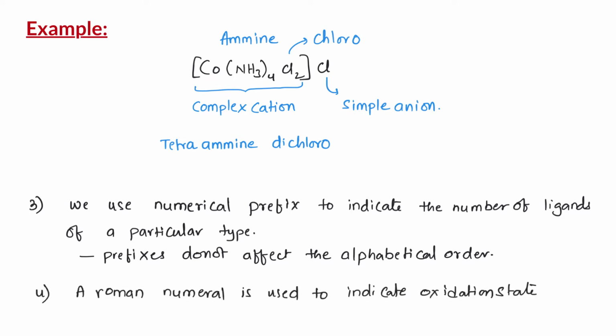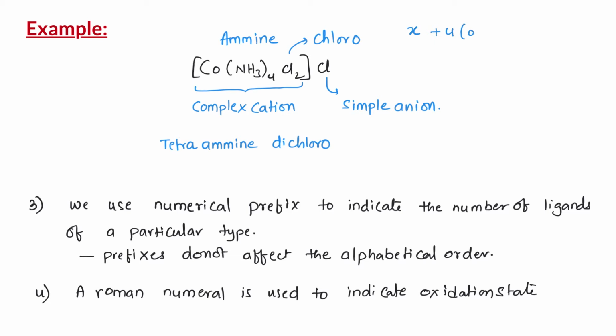When naming the metal ion, a Roman numeral is used to indicate the oxidation state of the metal cation. We have already learned how to calculate the oxidation number of a metal cation. Let's assume the oxidation number of the metal cation cobalt is X, plus we have 4 ammonias.